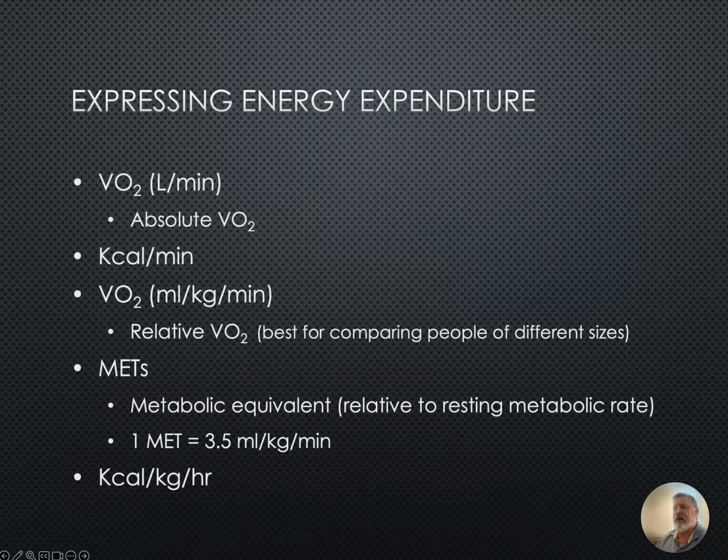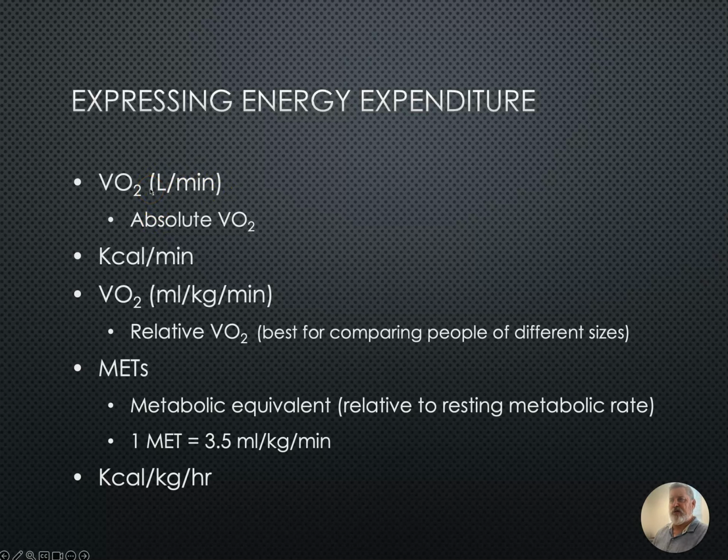All right, so how can we express energy expenditure? One way is VO2, which is liters per minute. We can also express it as kcals per minute. We can do it for VO2 in mils per kg per minute. VO2 in absolute terms is liters per minute.